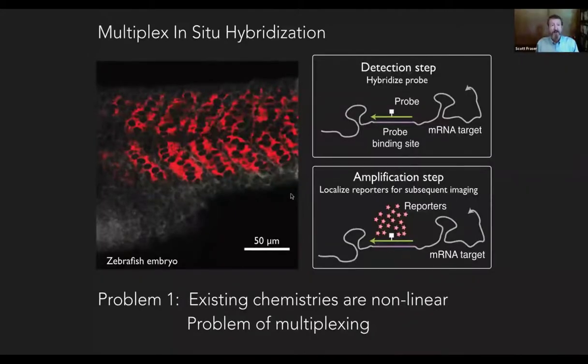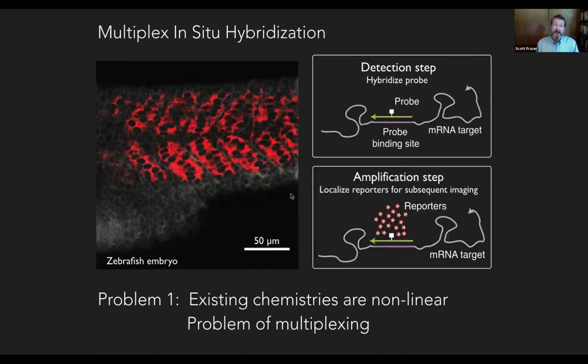So I'm going to start by talking a little bit about the ways that we look at gene expression. And almost everybody in biology has done some sort of in situ hybridization to look at where RNAs are expressed. And almost everybody uses an enzyme-based approach to get enough signal above the background. You can see in the left, there's an embryo with domains that are labeled red.